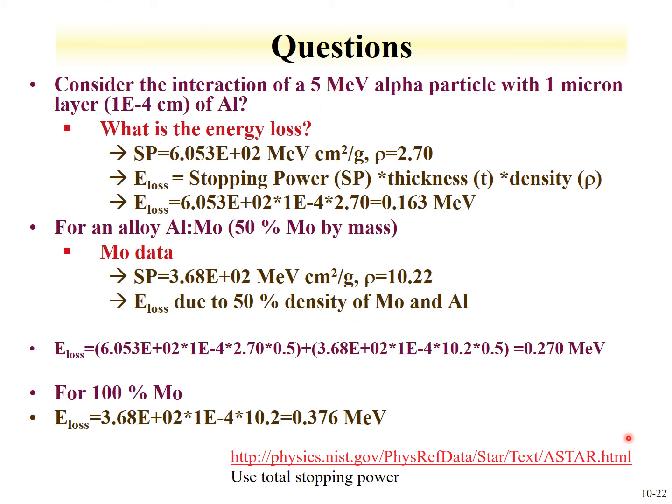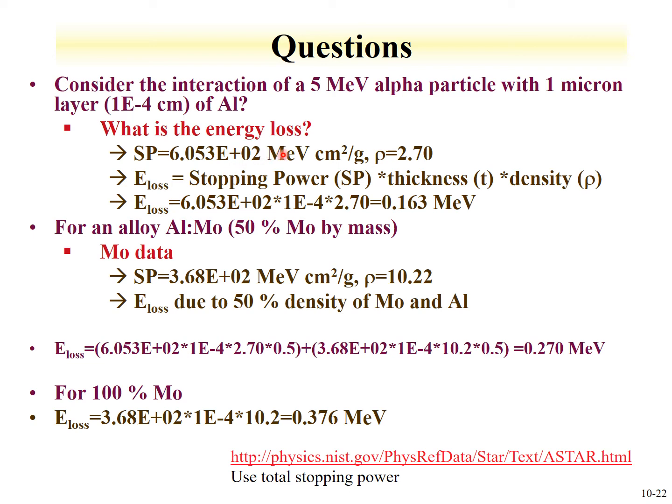If we go to the ASTAR web page and look at the data for 5 MeV, we get 6 times 10 to the 2 MeV centimeter squared per gram, and the density of aluminum is 2.7 grams per centimeter cubed.